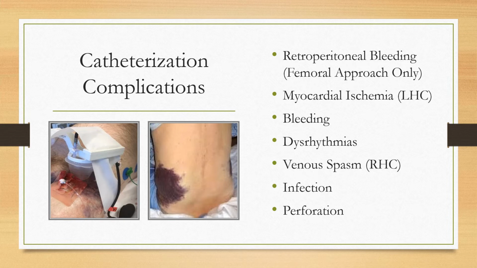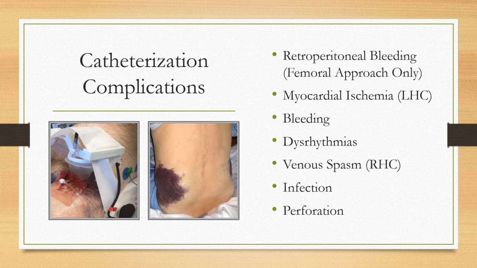Bleeding at the site of insertion, sure, because you're puncturing an artery if it's a left heart catheterization. Dysrhythmias, anytime you put a probe or a catheter into either side of the heart and you touch the wall of the inner chambers of the heart, you could trigger arrhythmias, so irregular beating of the heart.